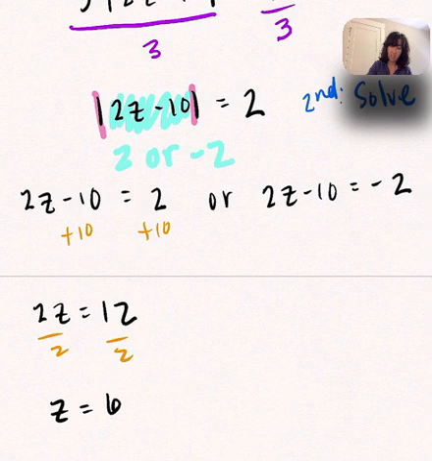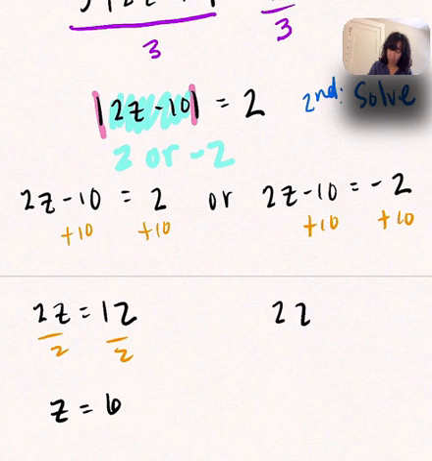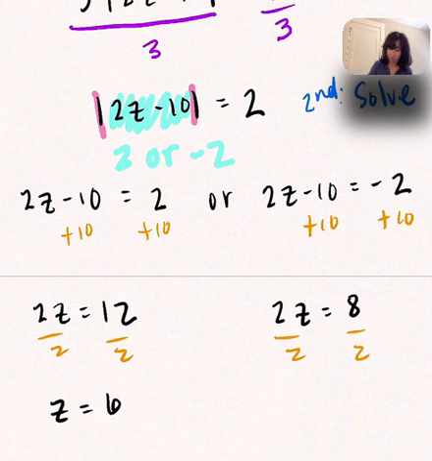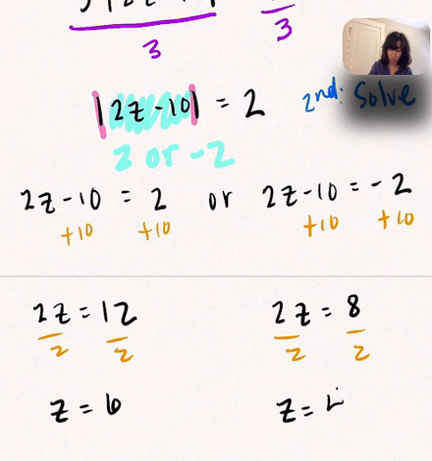Now on the right, if I add 10 to both sides, I get 2z is equal to 8. And then if I divide by 2, I end up getting z is equal to 8 over 2, which is 4. So this gives us two answers.